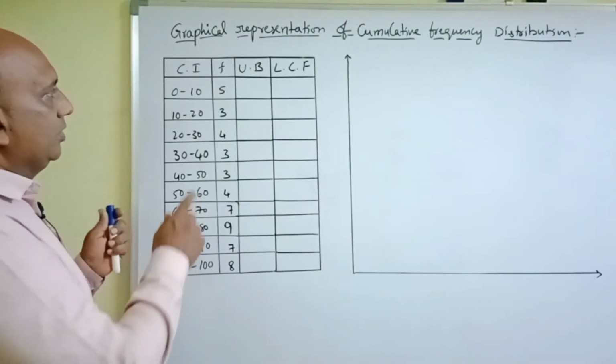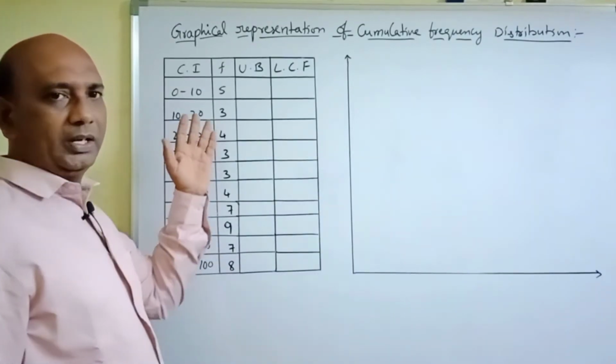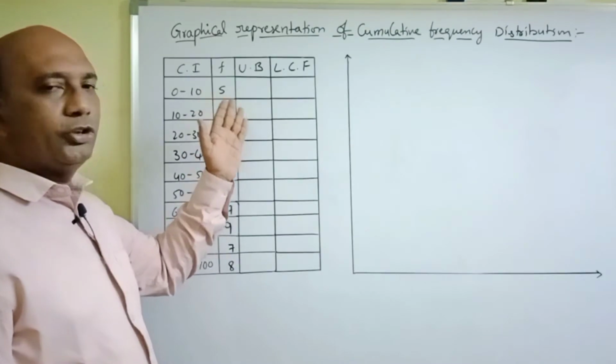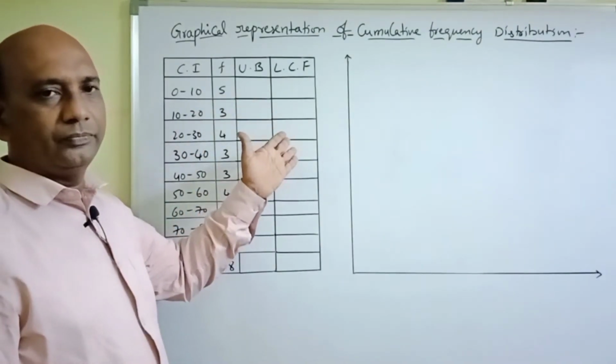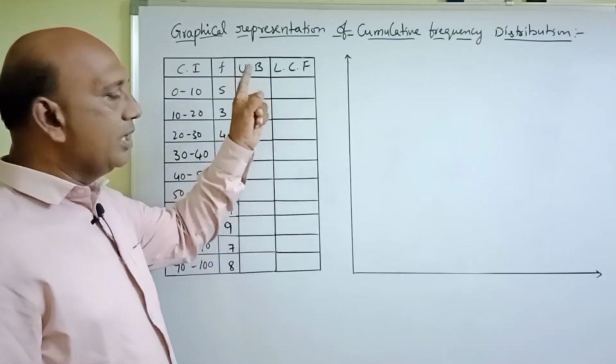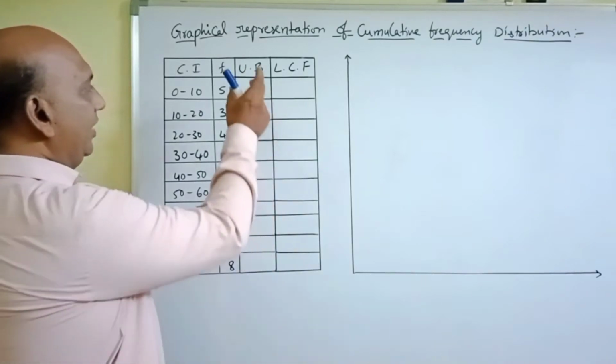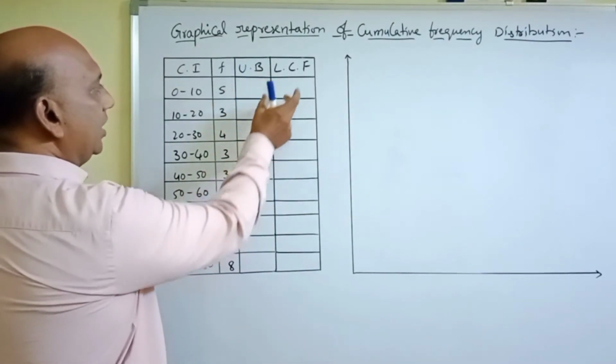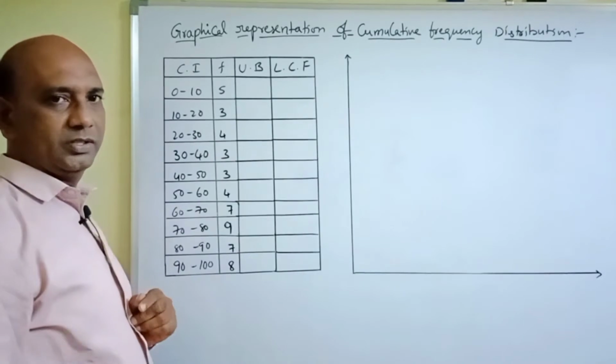That means we are preparing the table to draw the less than cumulative frequency curve. Listen carefully. For less than cumulative frequency curve, we need upper boundaries and less than cumulative frequencies.